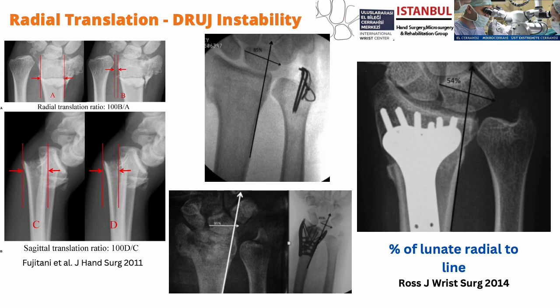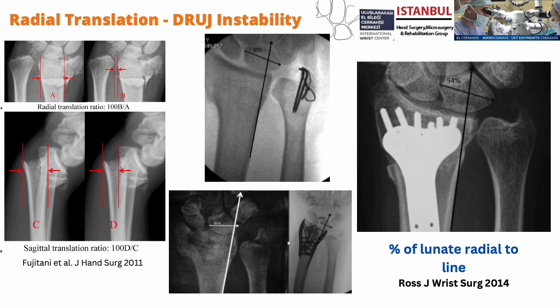The study described by Rose et al. also described the radial translation concept using the percent of lunate radial to the line. It was measured by drawing a line along the ulnar aspect of the radius shaft proximal to the metaphyseal flare and extended distally through the proximal row of carpus on the PA radiograph. This line intersects the lunate.